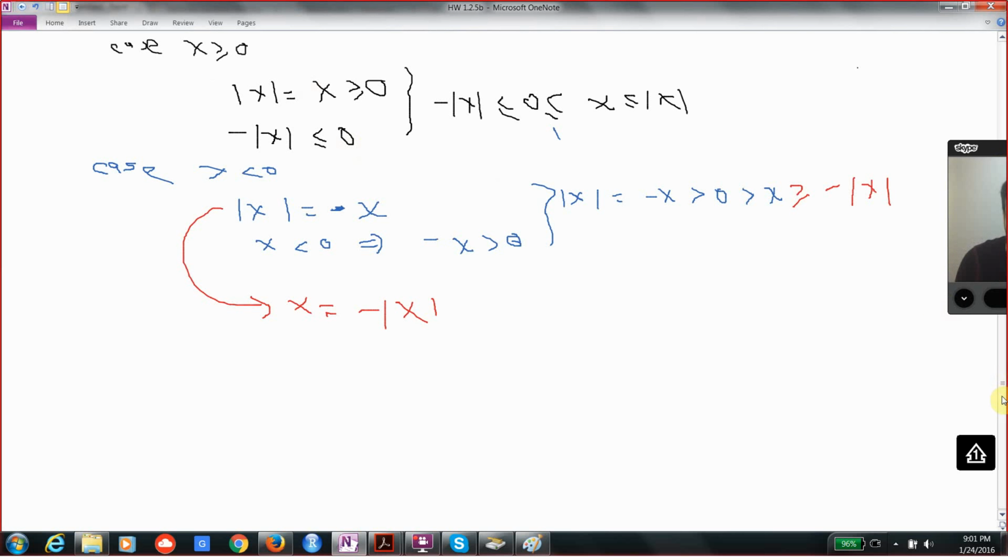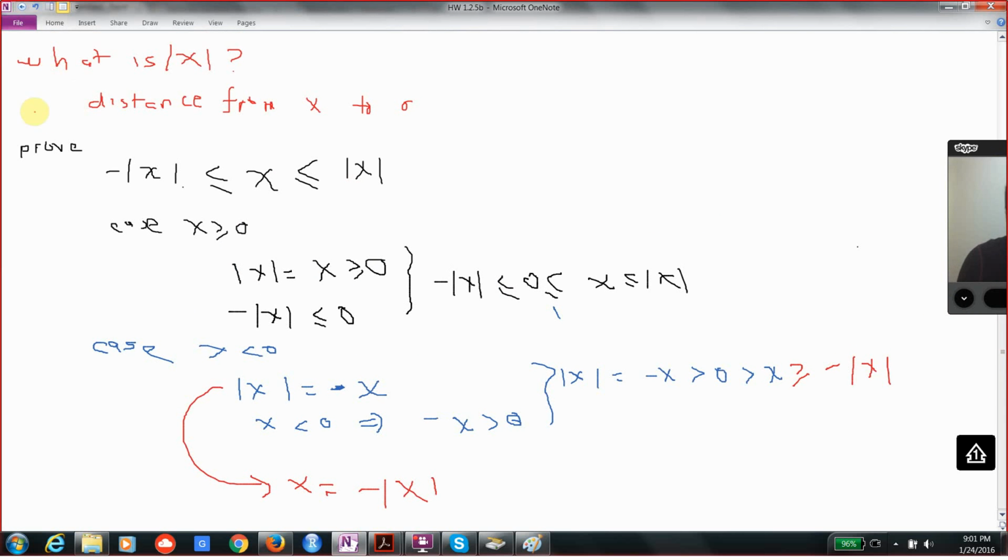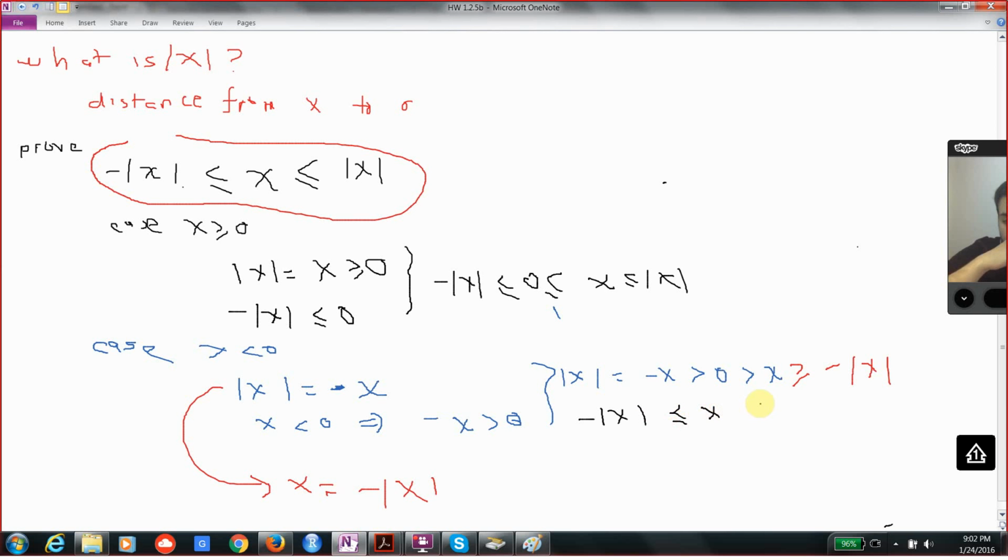I'm trying to prove this right here. And so now I have what I want: minus absolute value of x is less than or equal to x, which is less than or equal to the absolute value of x.